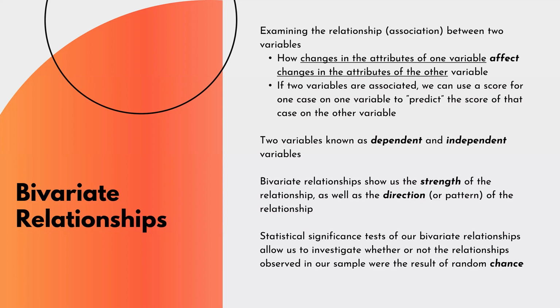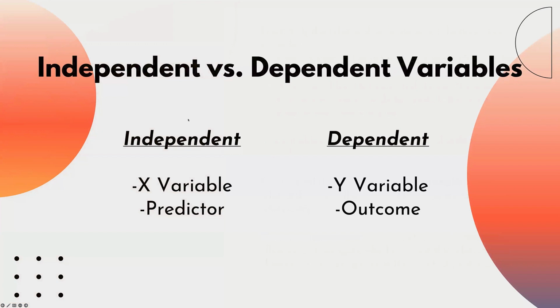With these bivariate relationships, we need to undergo statistical significance tests to understand whether or not these relationships are occurring by chance, or they're relationships or associations that are unique or extreme, and something that we would see in that population. So again, we have independent versus dependent variables. Independent is our X variable or predictor, and dependent is our Y variable or our outcome.